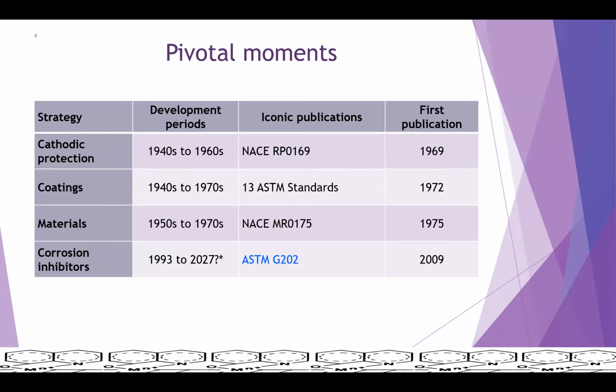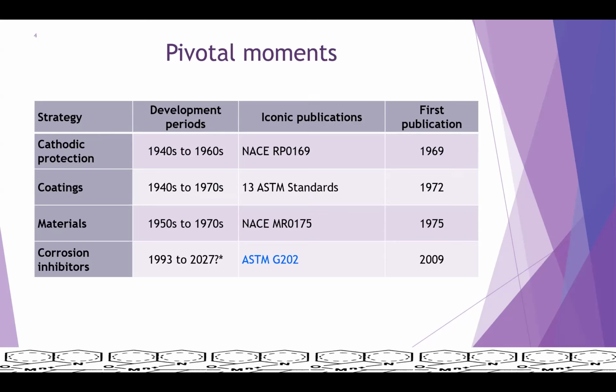Similarly, on coatings, ASTM took almost 30 years before they published 13 ASTM standards in the 1970s. And then another iconic standard published by NACE on material selection for sour service, MR0175 or ISO 15156, was published in 1975.